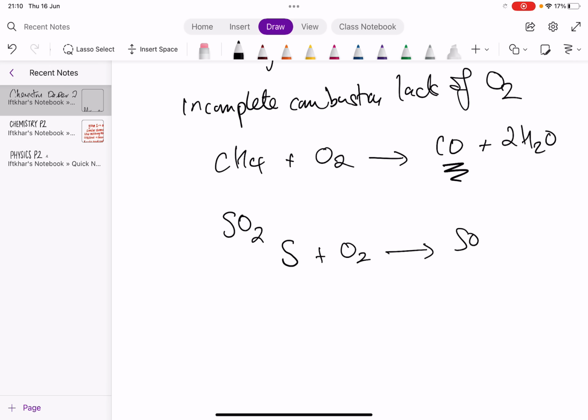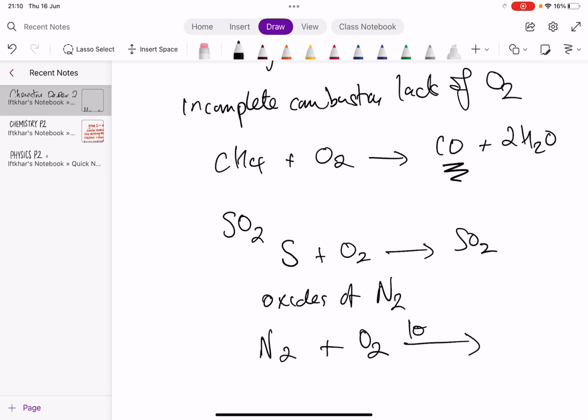Sulfur dioxide is an acidic, poisonous gas, causes acid rain, and also when fuel is burnt in cars we produce oxides of nitrogen, because nitrogen reacts with oxygen in the car engine at a temperature of about 1000 degrees to produce nitrogen monoxide. Nitrogen monoxide is also a pollutant. It can cause photochemical smog. It can lead to acidic rain.